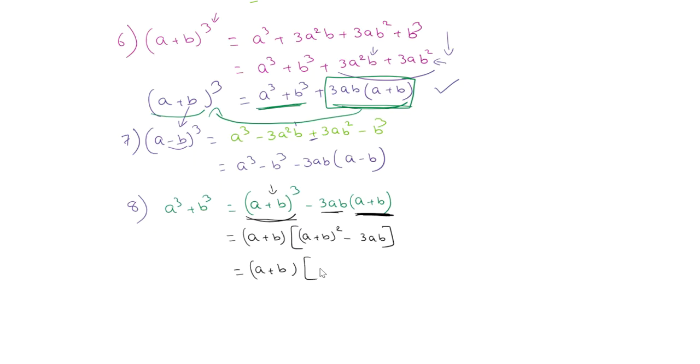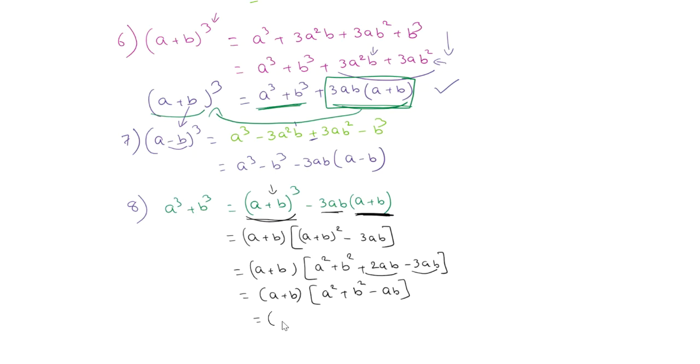If we expand, we will get a square plus b square plus 2ab, because we already wrote it above, and at last we again have minus 3ab. Now a small simplification. We'll write a plus b into a square plus b square plus 2ab minus 3ab. Both are like terms, which leaves minus ab.